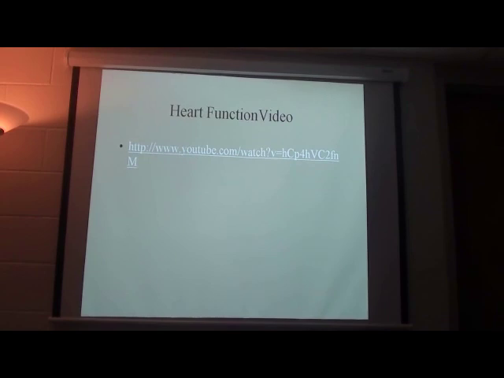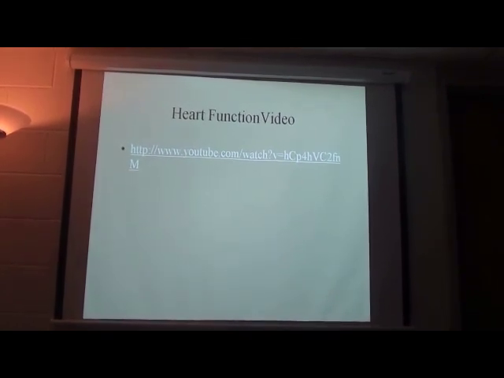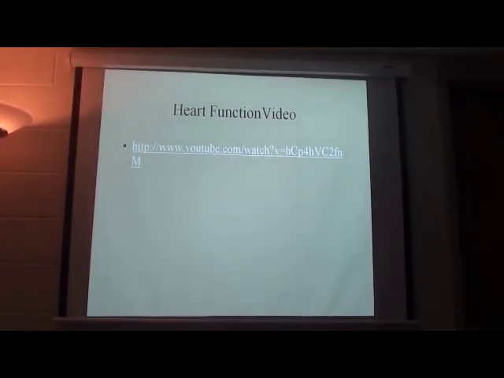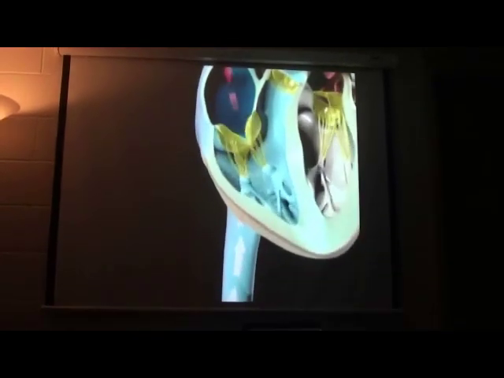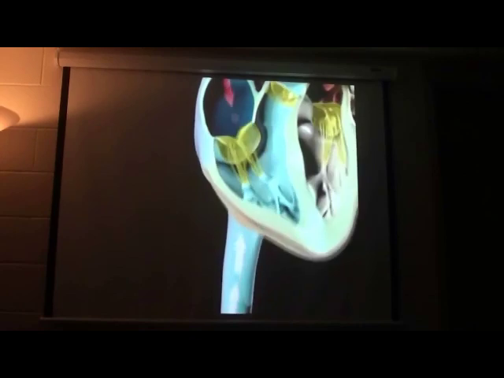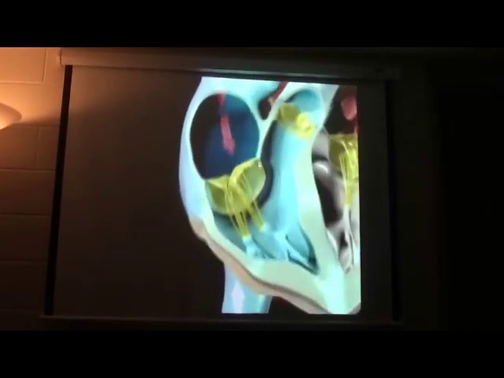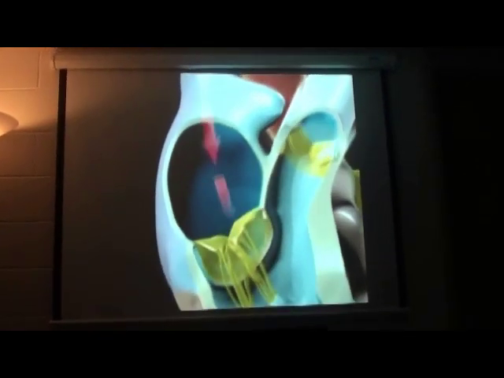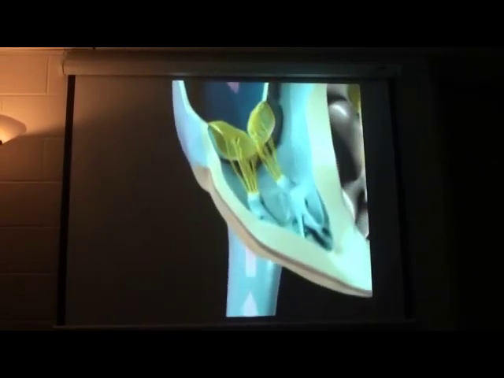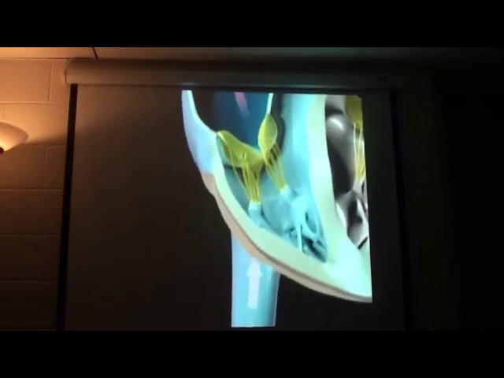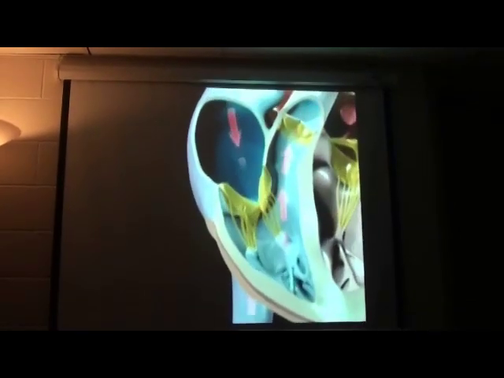And now here's a video of the function of the heart. The inferior vena cava. The inferior vena cava. Contraction of the right atrium in each cardiac cycle forces blood into the right ventricle. This is followed by contraction of the right ventricle, which pumps blood into the pulmonary artery, sending it on through the blood vessels.